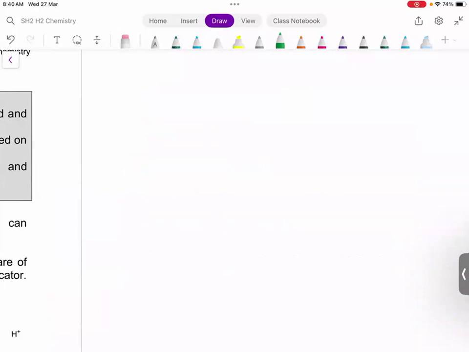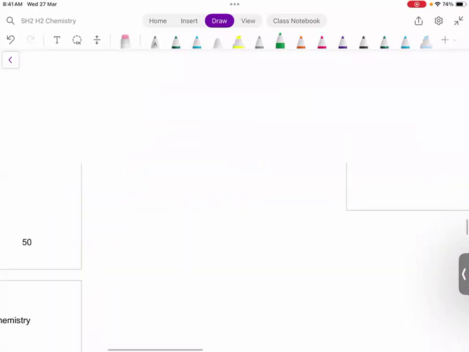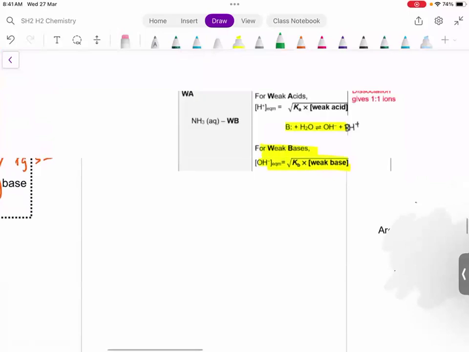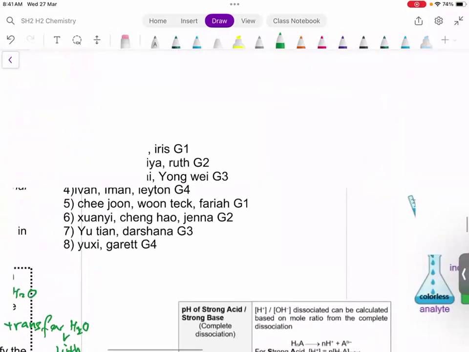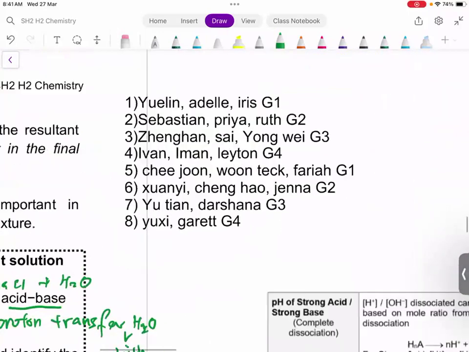I need you to discuss in your own groups, where is the buffer point? Yuelin's group will be doing graph number 1, Sebastian graph number 2, Zhenhan graph number 3, and so forth. The G is telling you which graph you are working on. You are just working on one graph.